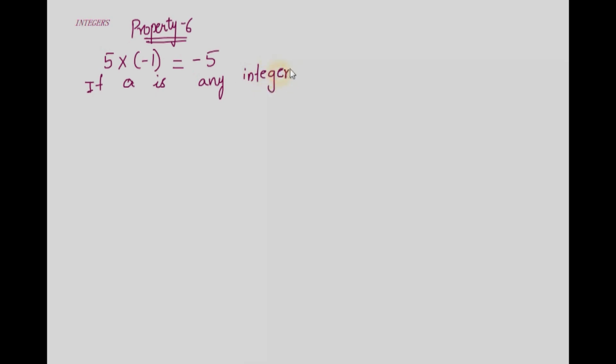Property 6. Multiply any integer with minus 1. Let us take 5 into minus 1. Answer is minus 5. If a is any integer, then a into minus 1 is equal to minus 1 into a is equal to minus a.